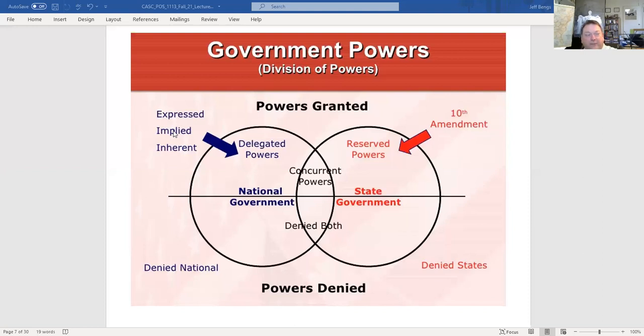Just an example off the top of my head, thinking about Carl Albert, your school that you're a student at. The federal government has no power to say we want to start a college in Oklahoma.